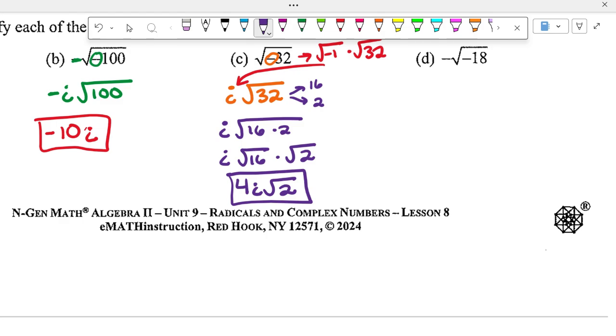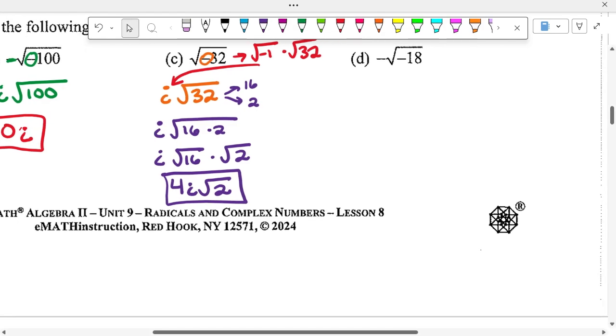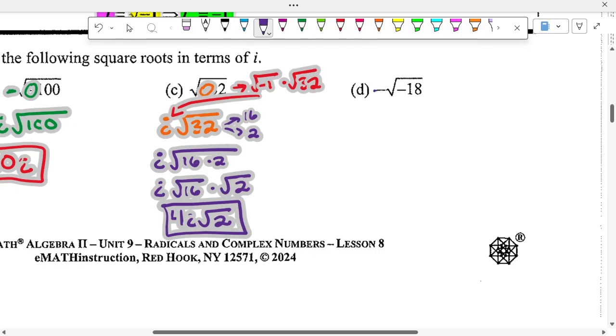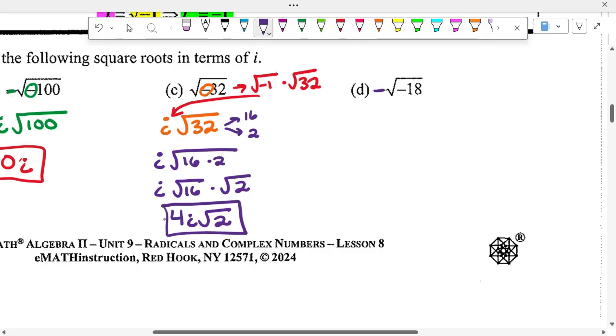Try letter D on your own. Be warned, there is a negative in front of it, so your final answer will be a negative, even though there's an imaginary number in it. So my recommendation, start by taking the i out first, then simplify like normal.